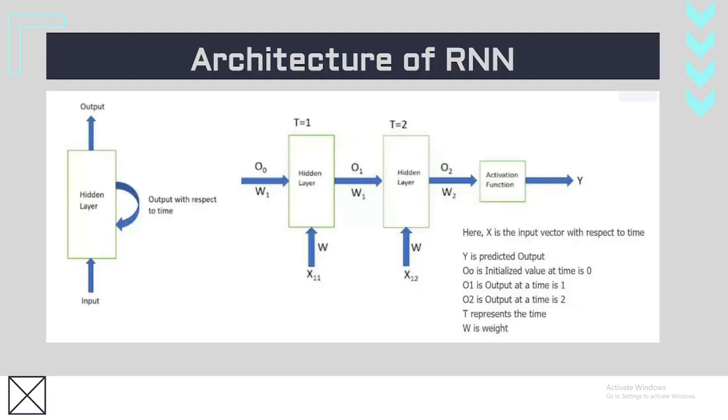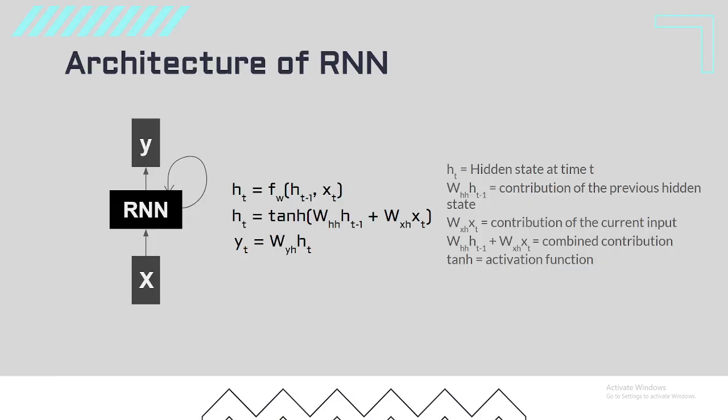Let's now understand how a recurrent neural network actually thinks mathematically. At every step t, the recurrent neural network maintains something called a hidden state, denoted as h_t. This hidden state is a kind of memory snapshot that evolves with every new input.